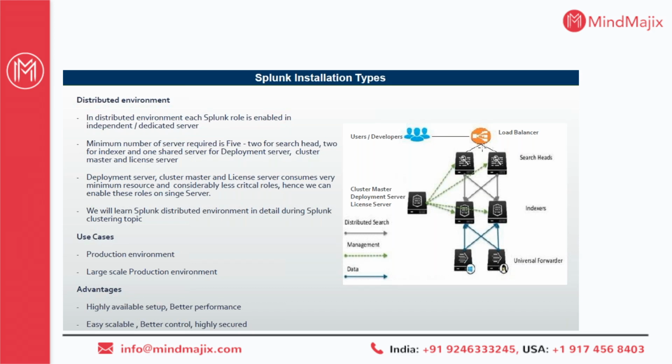Instead, you have a common load balancer with a single IP address shared with the developers or users. They connect to the load balancer, which distributes users according to the load. For example, if 10 users come in, it will send 5 users to one search head and 5 to the other. That's how you can use Splunk for a complete production environment.